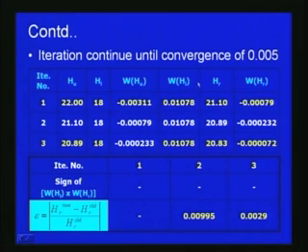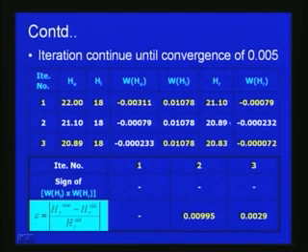Since W(HL) is positive and W(HR) is negative, the product is negative, corresponding to iteration number 1. Epsilon is not calculated since it is the first iteration. In the second iteration we use this HR 21.1 as our upper limit, and the lower limit is already assumed 18, and again we find W(HU).